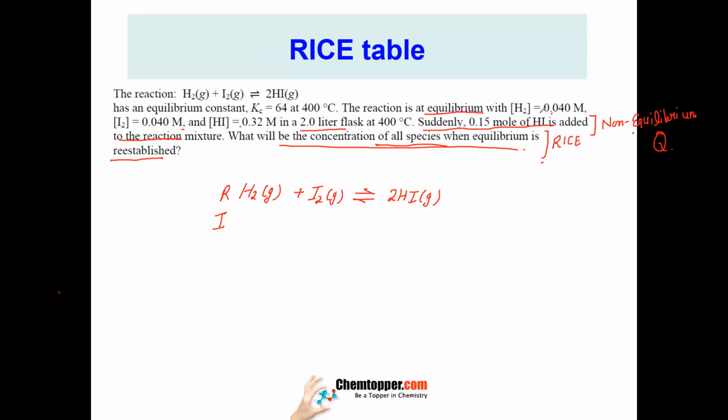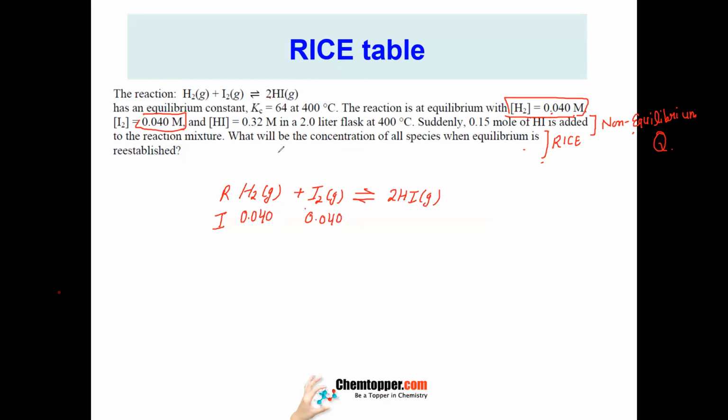In non-equilibrium, how much is initial H2? 0.040. Is it okay? How much I2? 0.040. This is initial.